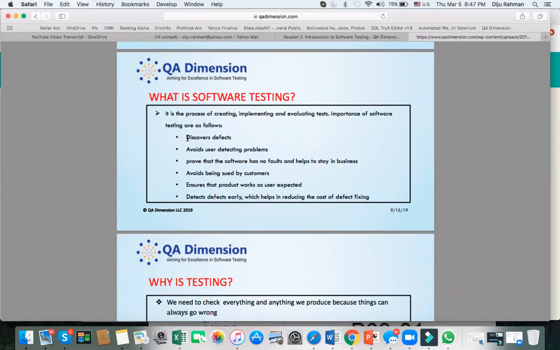We can say problem, issue, and we also call it a bug or defect. So it can be called many different things. We are doing it to discover bugs or defects, to avoid users detecting problems. In this case, user means the end user, whoever the software is being built for.